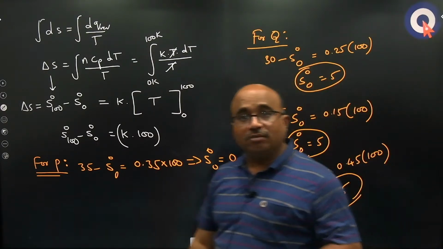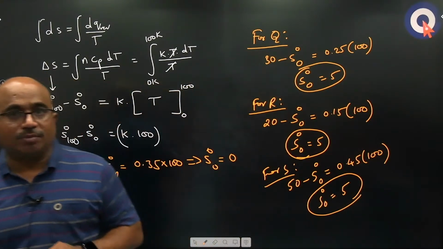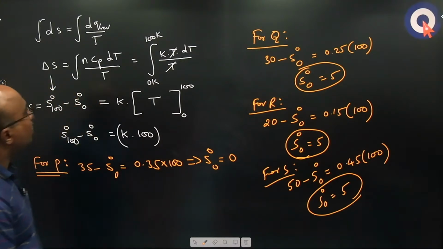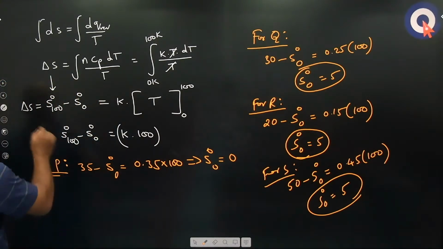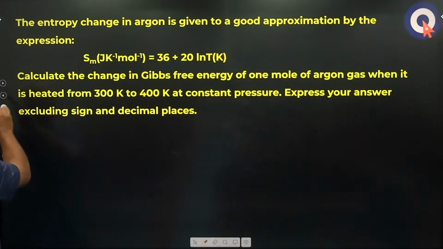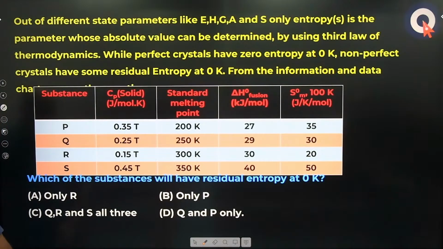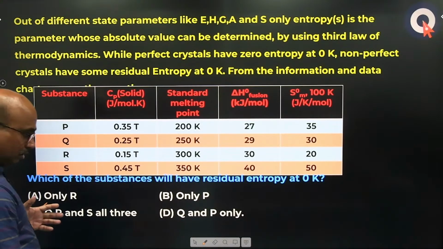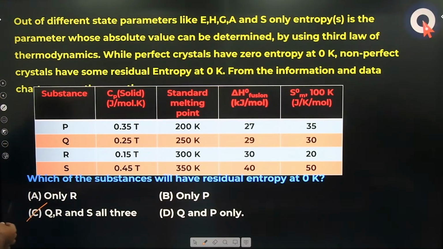Only P doesn't have a residual entropy at absolute 0. So Q, R, S, all three have residual entropy, and only P doesn't. Clear?